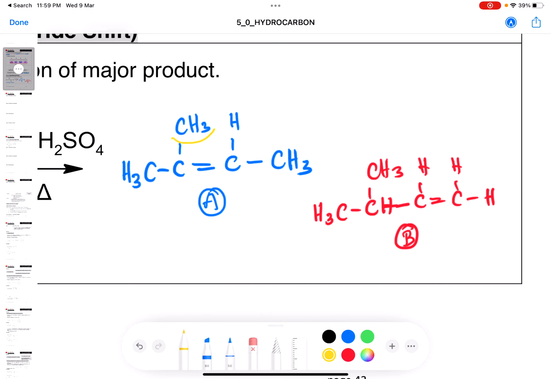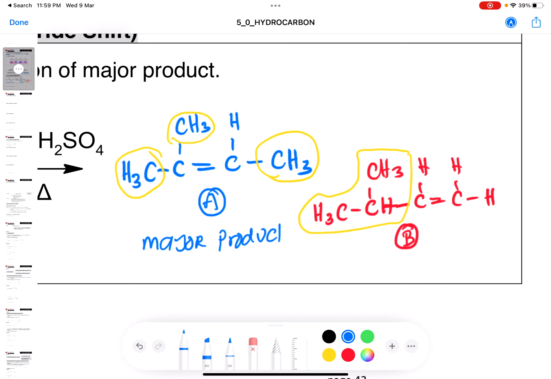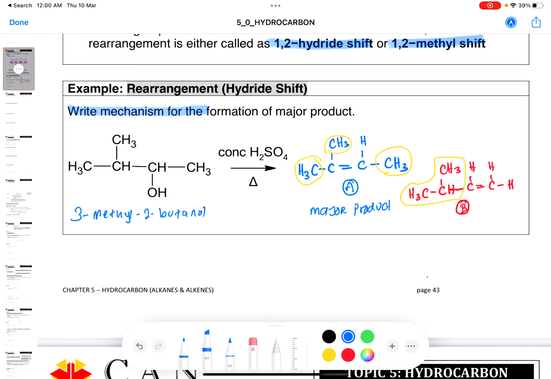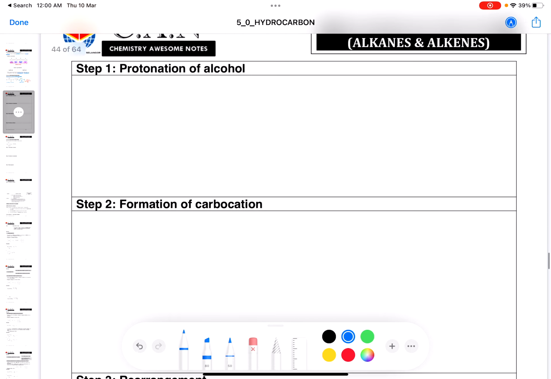Because A has 3 alkyl groups attached to the carbon-carbon double bond, whereas for B, we only have 1 alkyl group, and the rest is H. Therefore, our major product will be A. Now, these questions ask us to write the mechanism for the formation of the major product, so we only focus on the mechanism of the major product. So let's proceed. This is page 44.